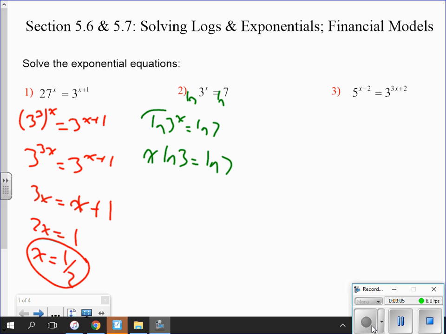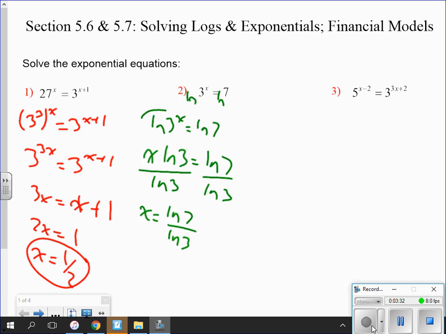And remember, the natural log of 3 is just a numerical value. It's like 2 or 5 or 8. If I had 5x instead of x times the natural log of 3, I would divide both sides by 5. Well, here, just divide both sides by the natural log of 3. And I get x equals natural log of 7 divided by the natural log of 3.